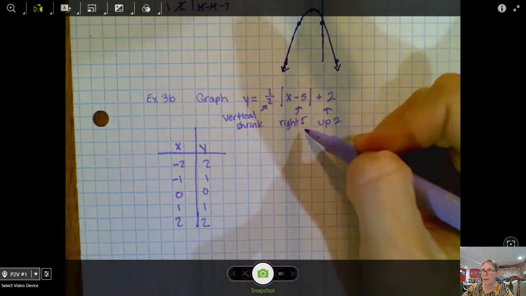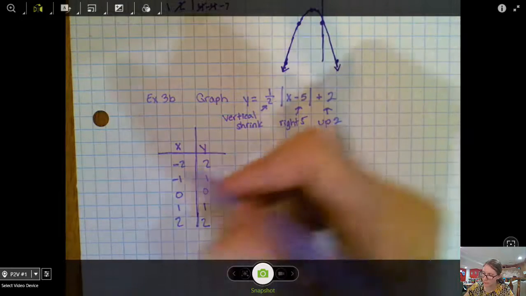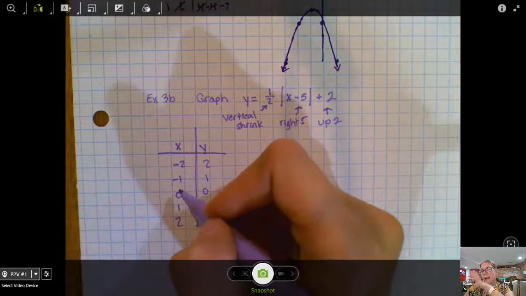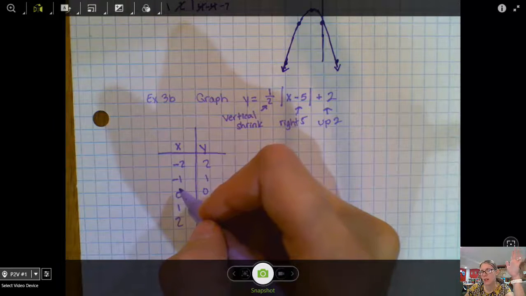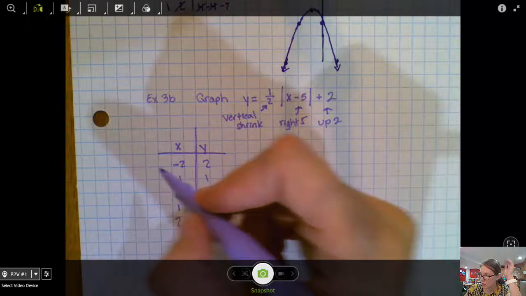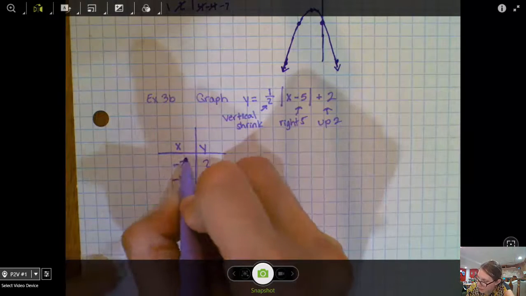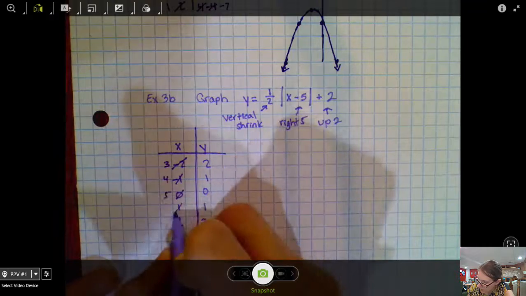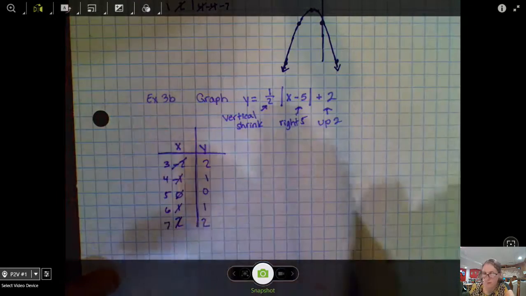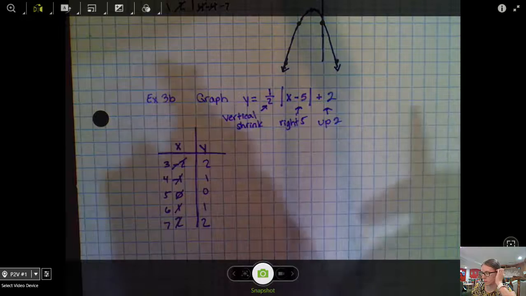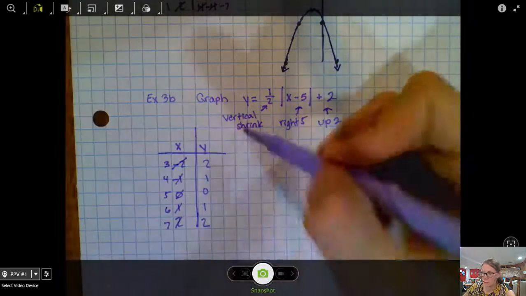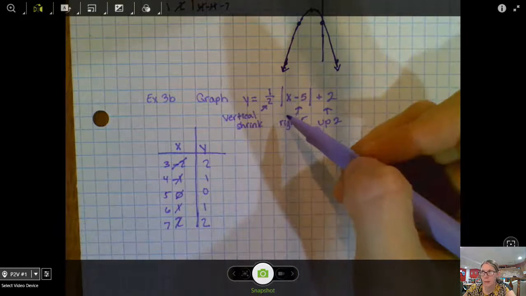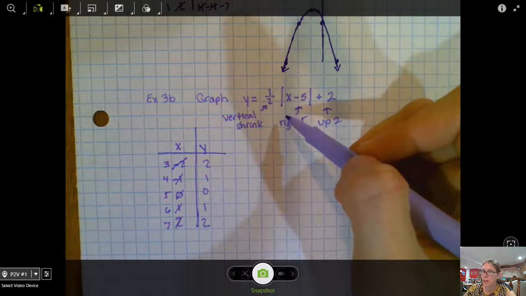So we would do our right 5 transformation first, which affects our x values. And if we're going to go to the right, our x values should get bigger. We need to add 5 to each x value. Then order of operations, we have parentheses, exponents, multiplying and dividing.